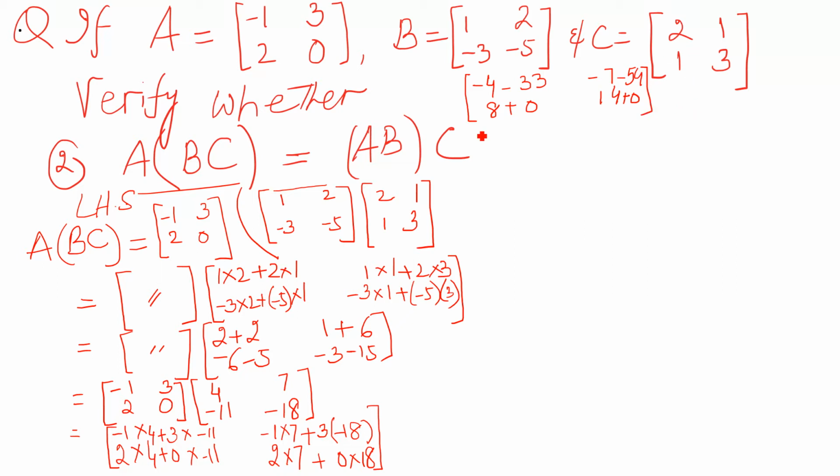So it will be equal to -37, 8, and -61, 14. So we can say this is the left hand side, this is A, this is this.